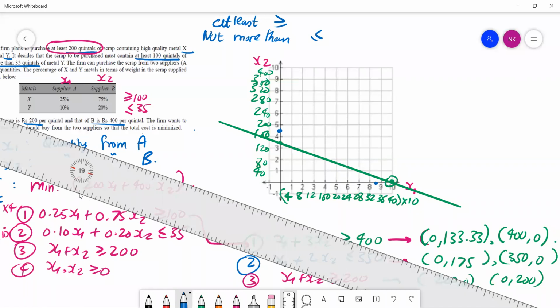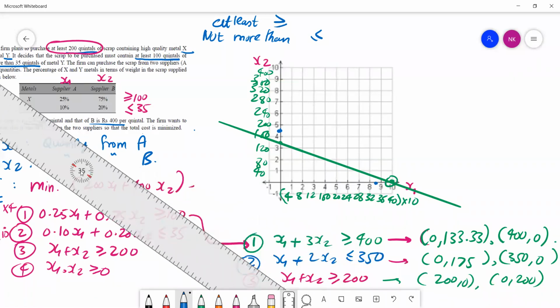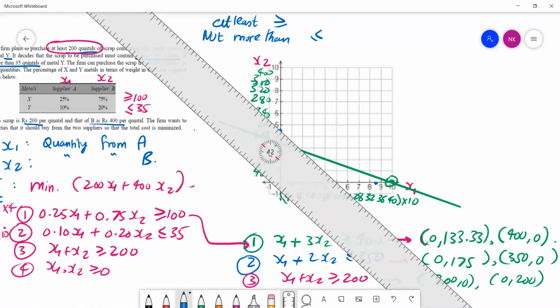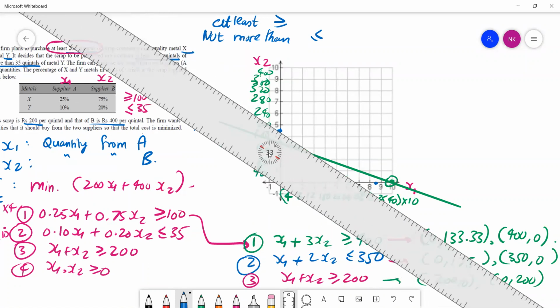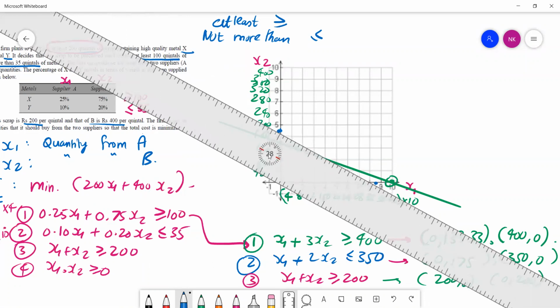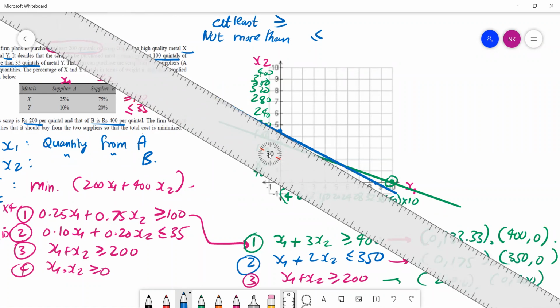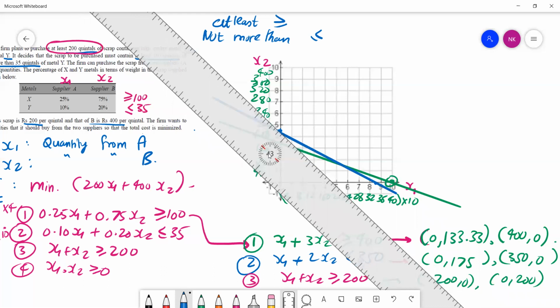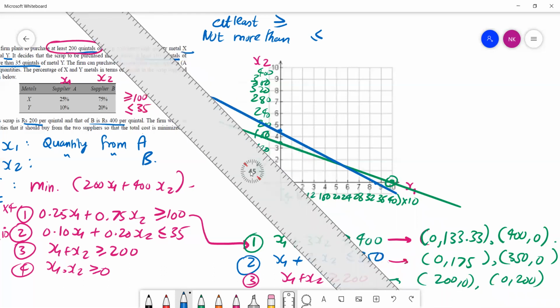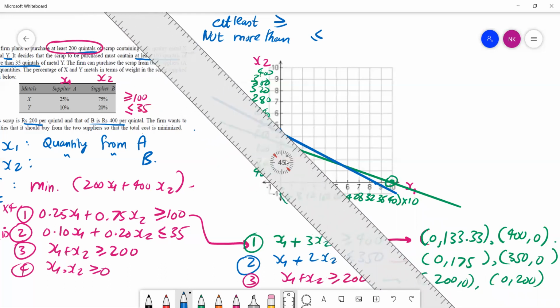So let me just draw it. For me, it will be taking some time to adjust these scales. And for the third, 200, so it will be angle 45, 200, 200.